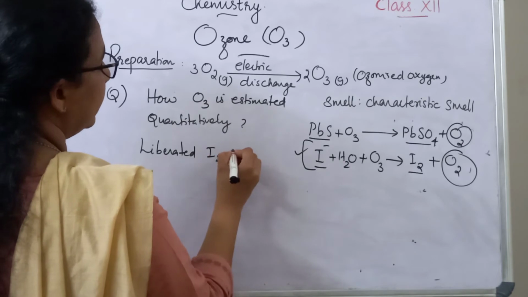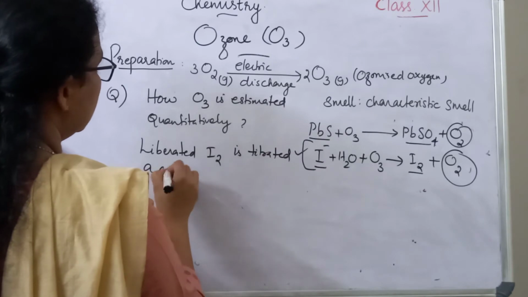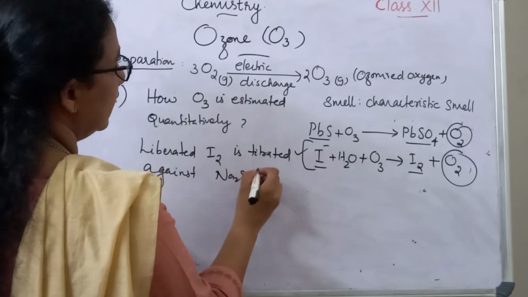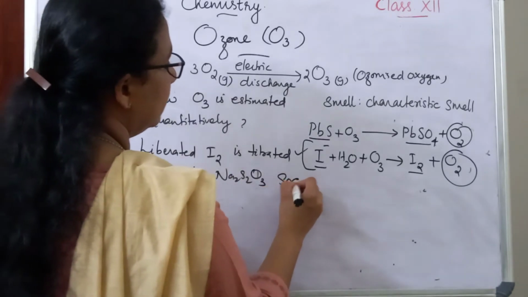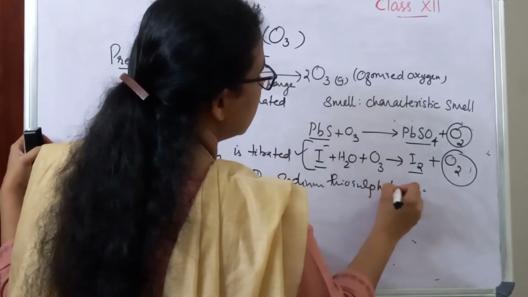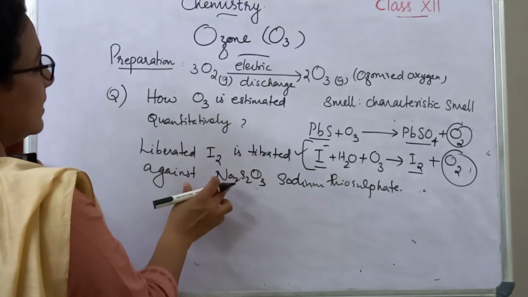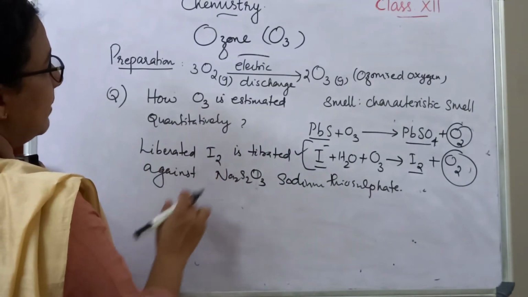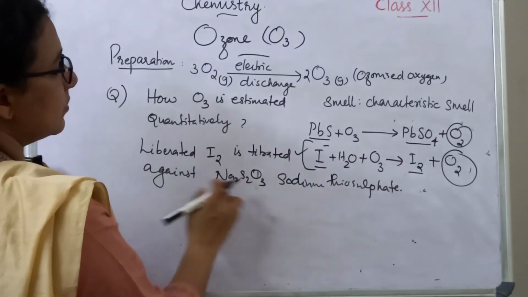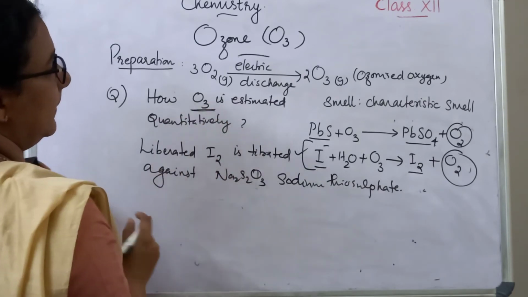This liberated iodine is titrated against sodium thiosulfate, Na2S2O3. So using this titration we can estimate ozone quantitatively. This is a quantitative method for the estimation of ozone.